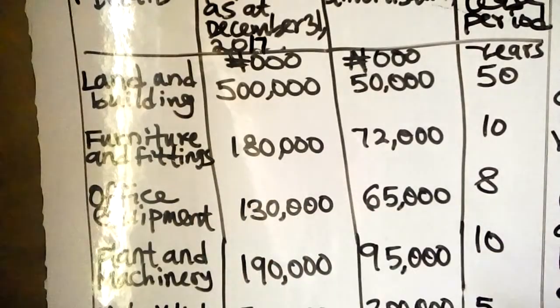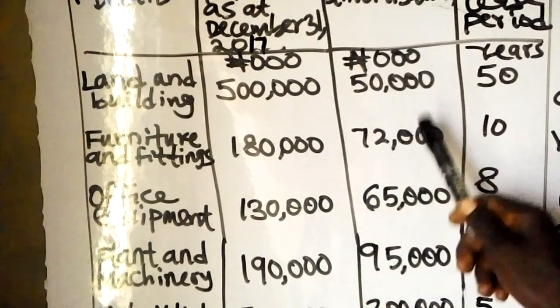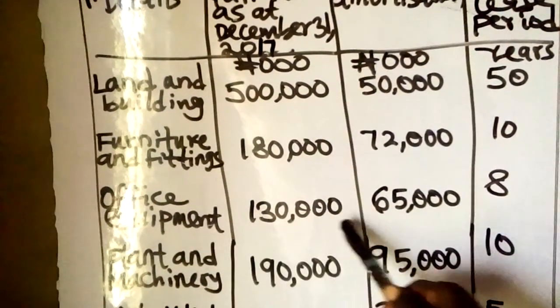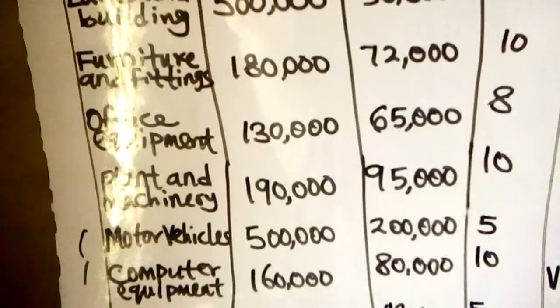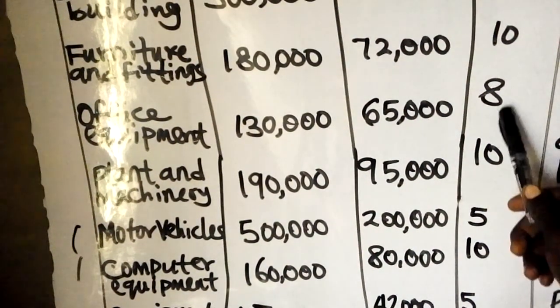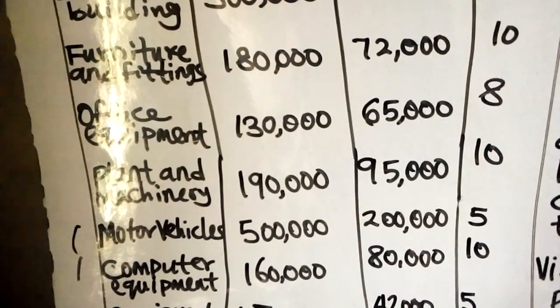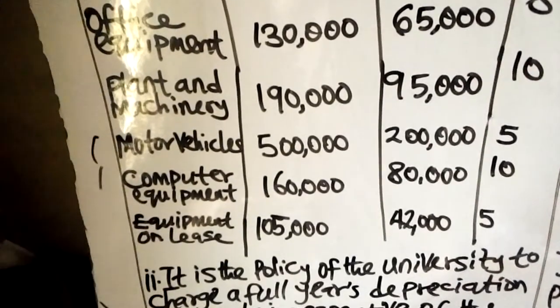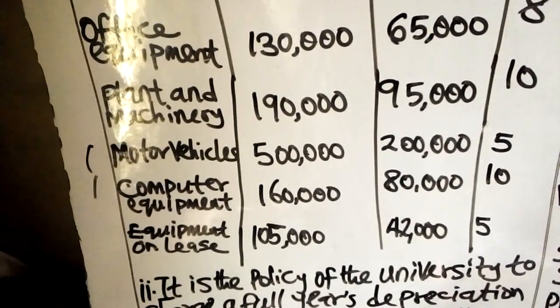Furniture and fittings cost 180,000, accumulated depreciation of 72,000, and the life is 10 years. Office equipment cost 130,000, accumulated depreciation 65,000, the life is 8 years. Plant and machinery cost is 190,000, accumulated depreciation is 95,000, and the useful life is 10 years.